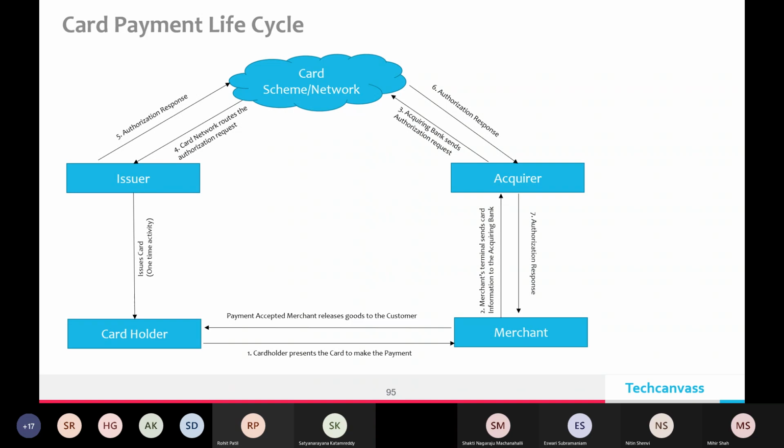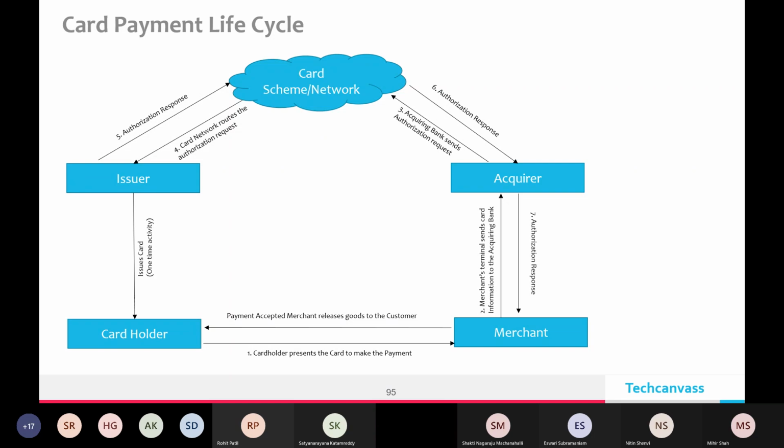Once the acquirer validates all the merchants' information, they send it to the card network, and the card network will have requests from so many acquiring banks throughout the country or the world.